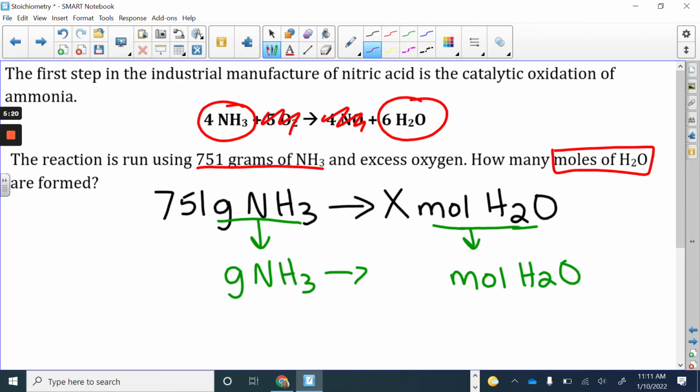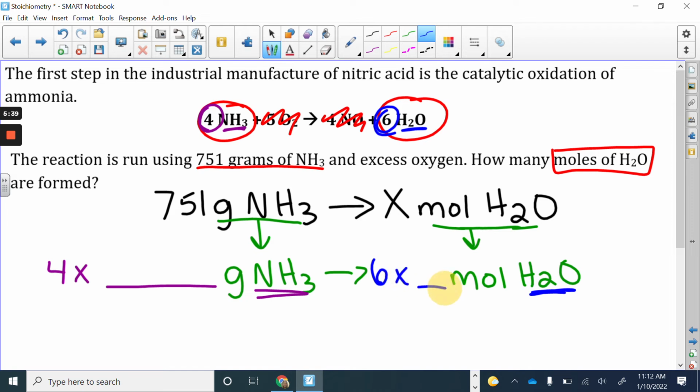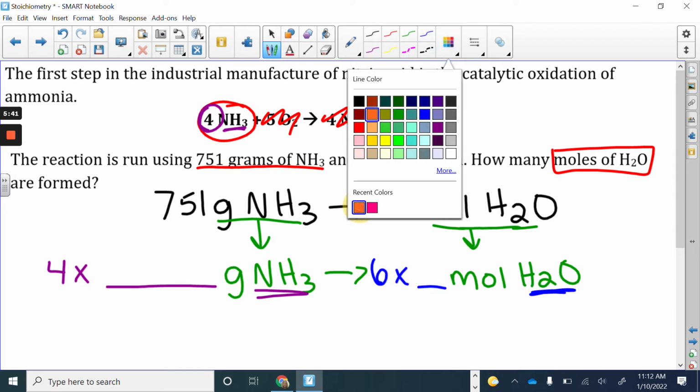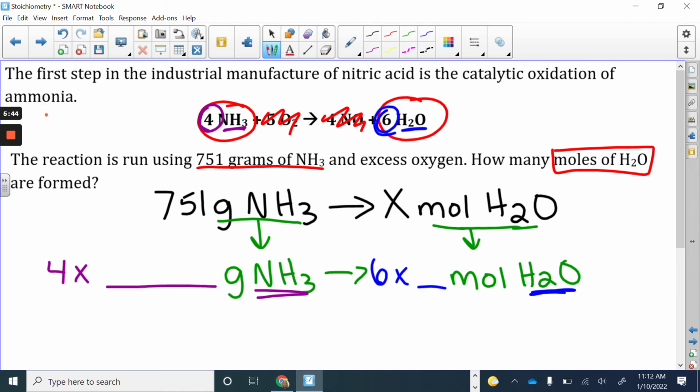So now let's go get our coefficients from the balanced equation. NH3, ammonia, has a 4 in front of it, so we're going to have 4 times a number. And then H2O has a 6, so 6 times some number. Now let's fill in our blanks. When we see grams, we're going to use the molar mass of whatever the compound is. So grams of NH3 means I need to calculate the molar mass of NH3.